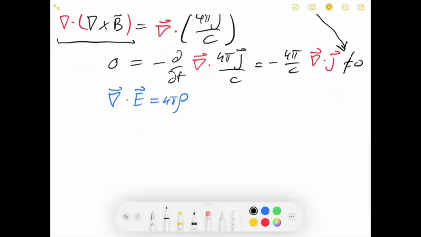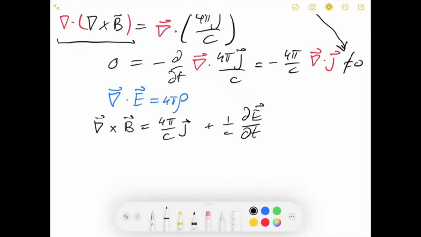And the choice is therefore to reformulate Ampère's law and make it look like this: 4π J plus 1 over c dE/dt. Hopefully you can track what's happening.